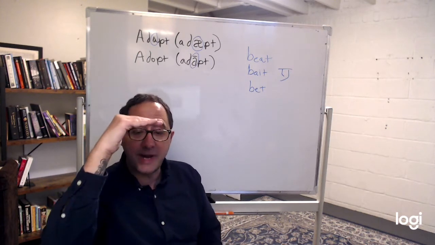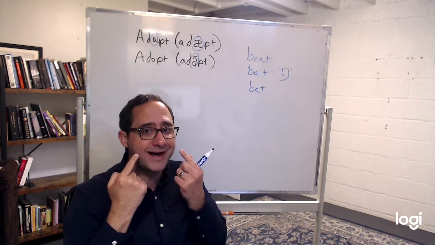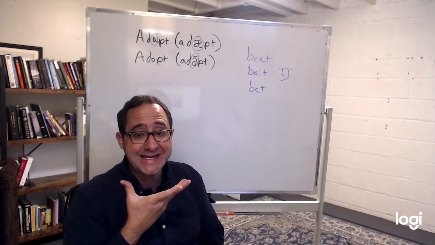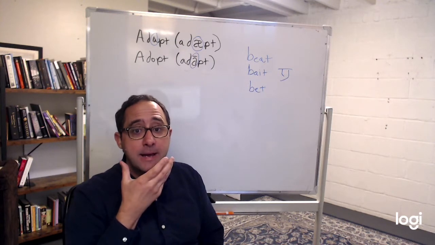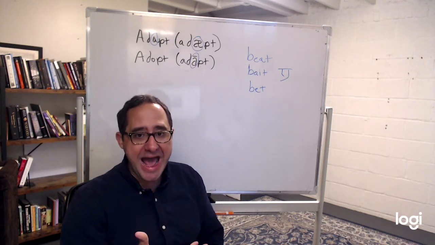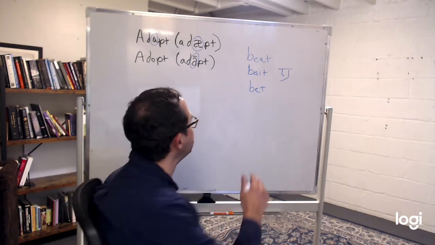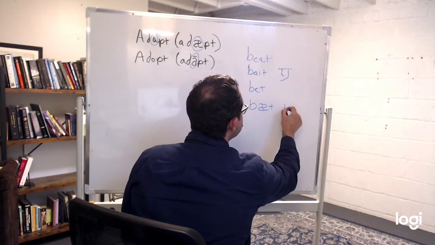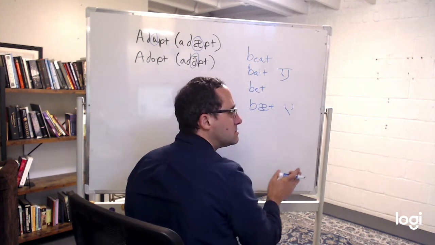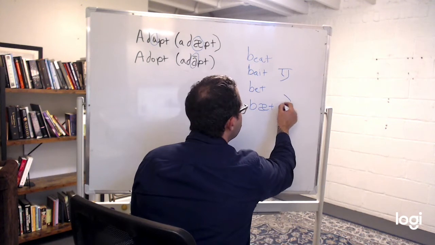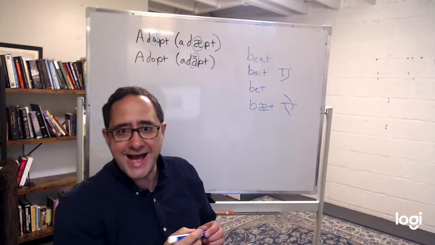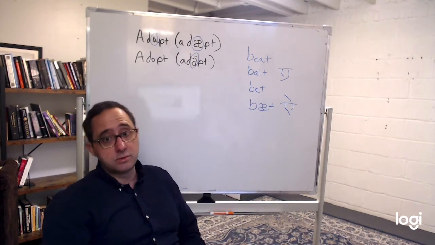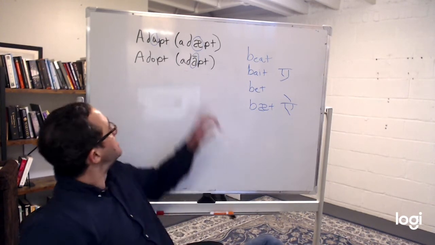For each of these, my tongue is coming down and my mouth is getting wider. Beat, bit, bait, bet, bat. In Hindi, it's this one, bat. Like main hoon. Okay? Bat.